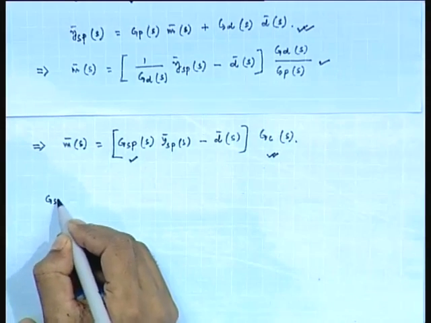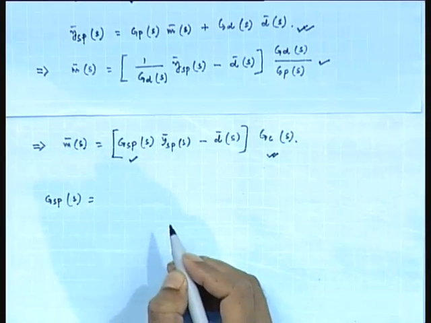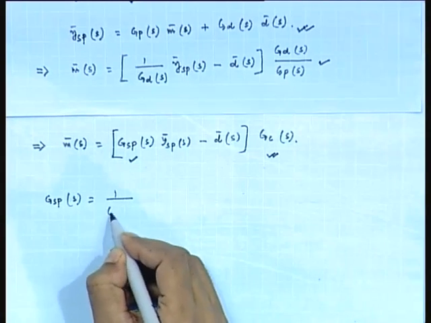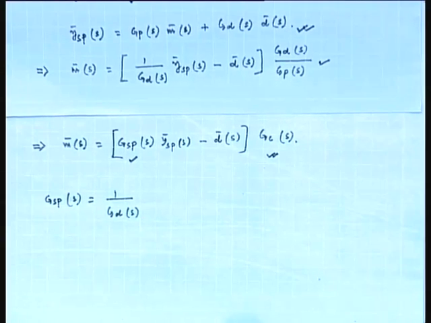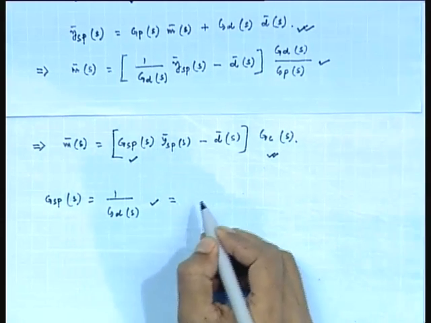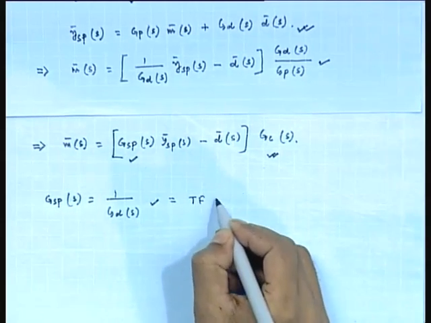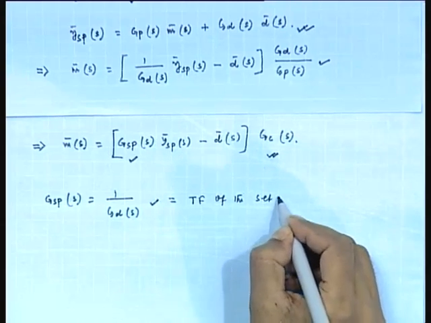we obtain GSP equal to 1 by GD s. This is the transfer function of the set point element.